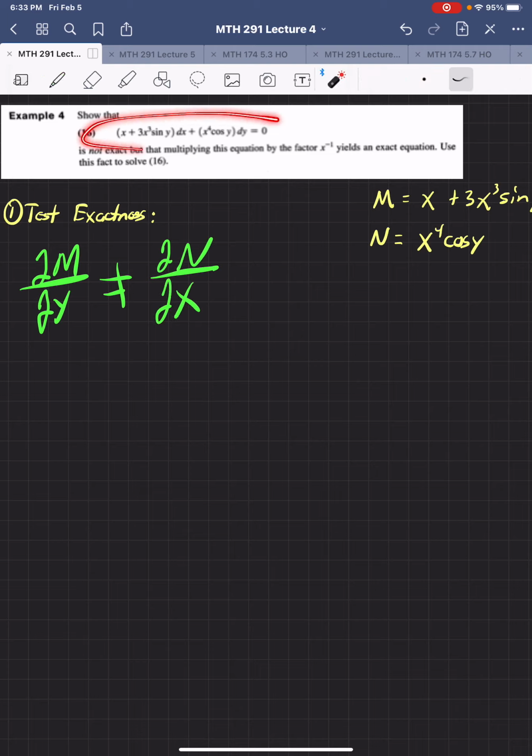In other words, this is not an exact differential equation. And so you cannot use the method that we've been working on throughout this whole section.